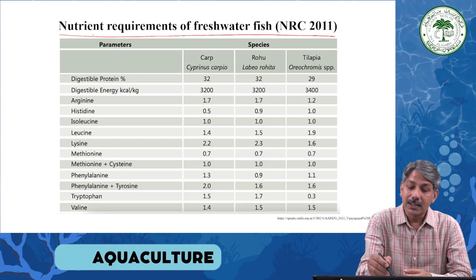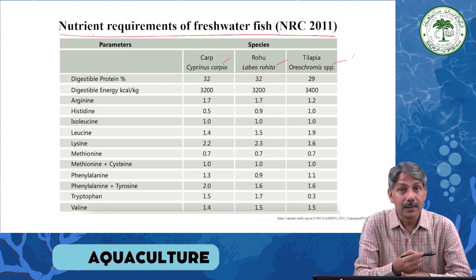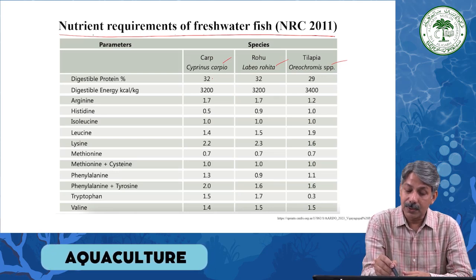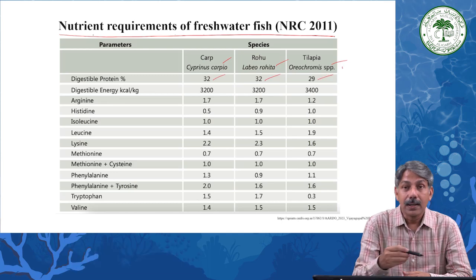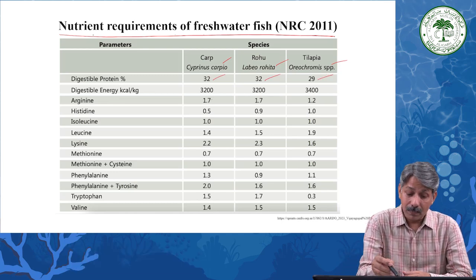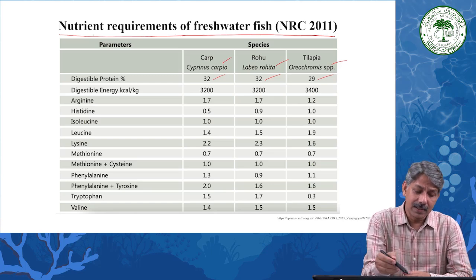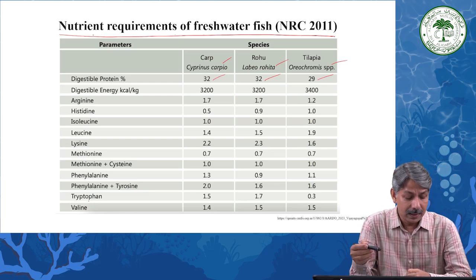Here, for example, Cyprinus carpio, Labeo rohita, and Oreochromis tilapia have been shown. Digestible protein percent, how much is needed in the case of Cyprinus carpio, 32%, rohu 32%, tilapia only 29%. And accordingly other things, not only energy but different amino acids are provided: arginine, histidine, isoleucine, leucine, lysine, methionine, methionine plus cysteine, phenylalanine, phenylalanine plus tyrosine, tryptophan, valine.